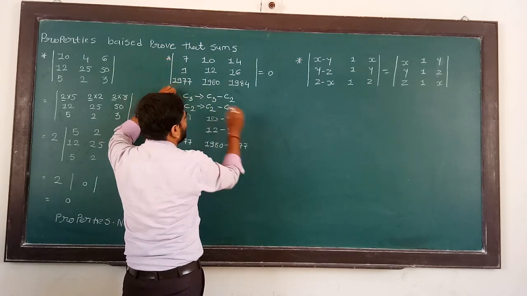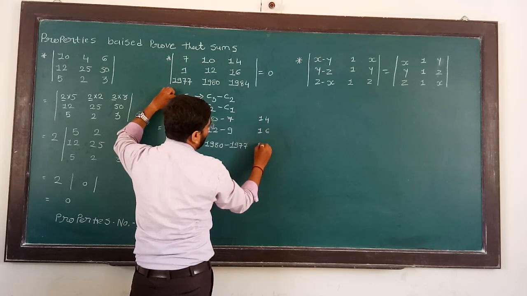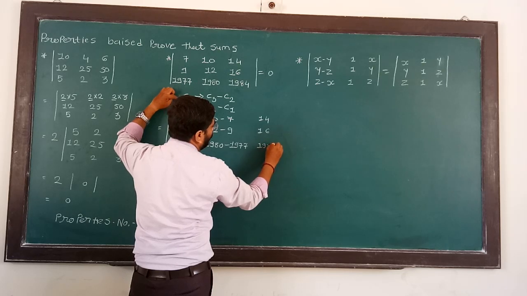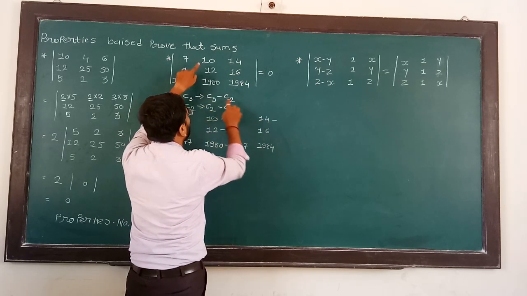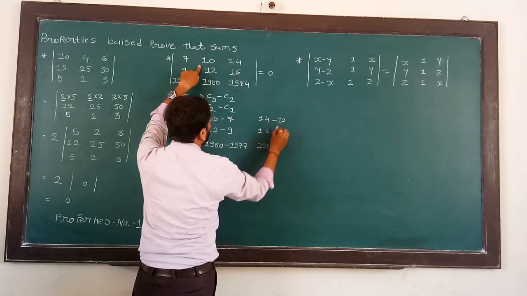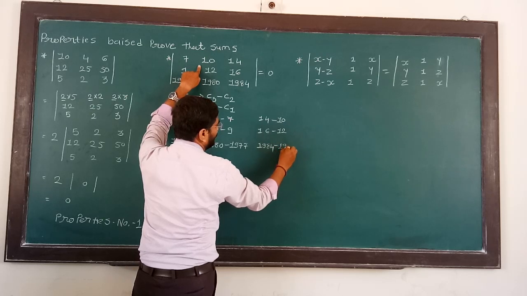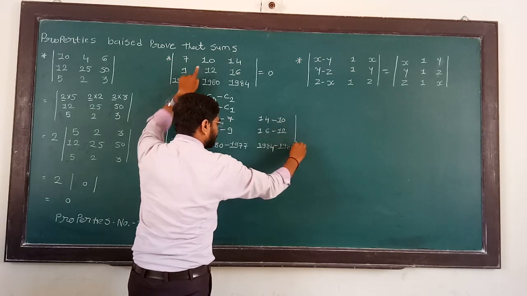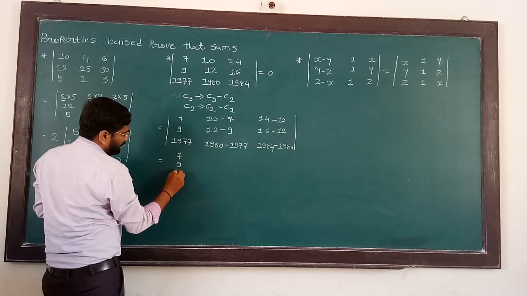Now in C3, first we write 14, 16, 1984. In C3 we use C2 as a minus, that is 10, 12 and 1980. Now the remaining part is 7, 9, 1977.